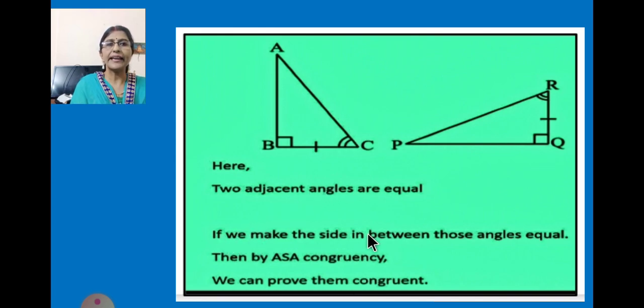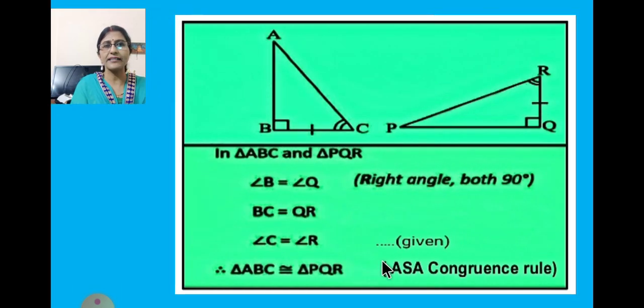Now if we make the side in between those angles equal, suppose we take this side, which is in between these two angles, then by ASA, angle, side, angle, ASA congruency, we can prove them congruent. So this is the additional pair which we have to take. So let us see how to write this.